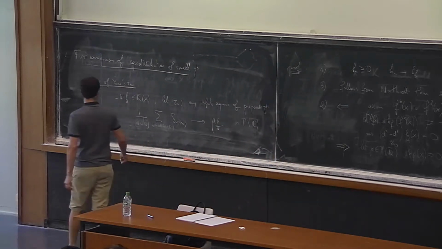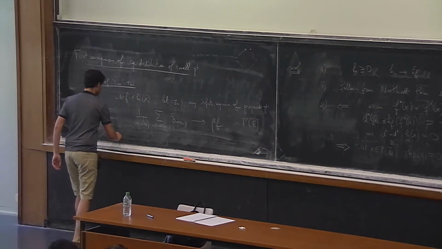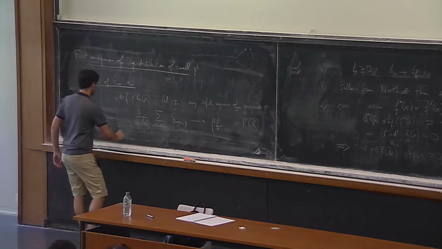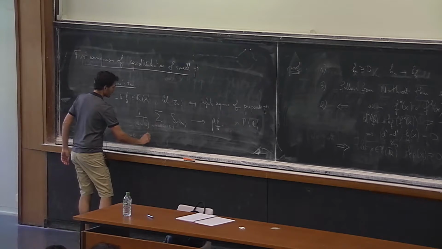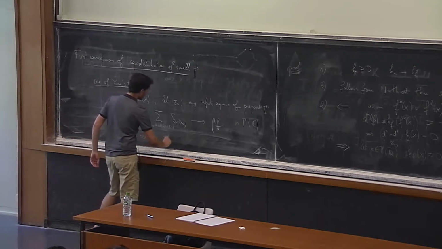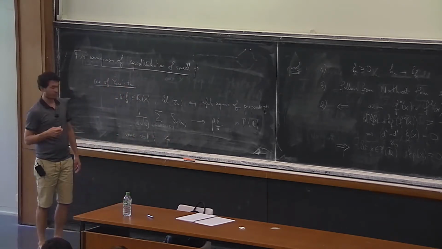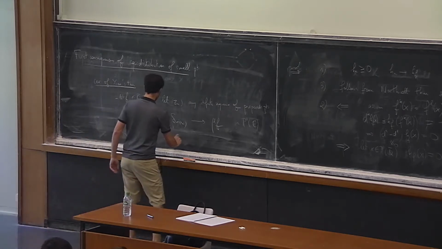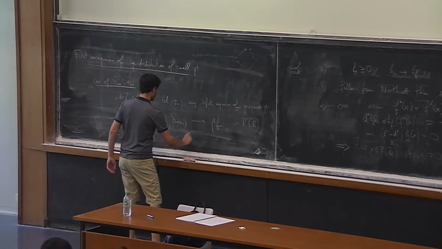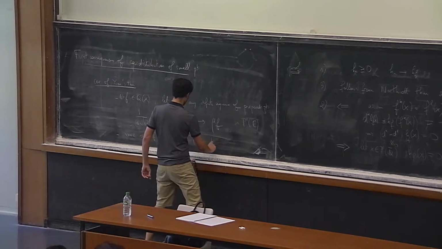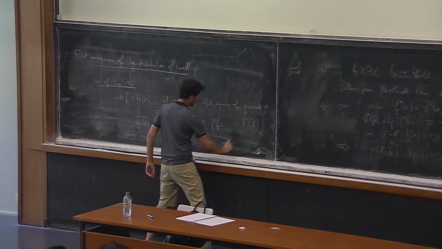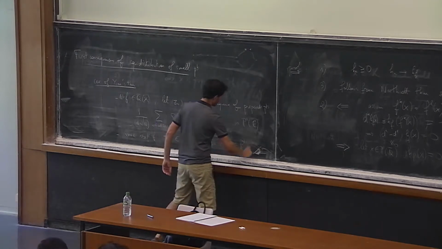Actually, let me say same property, so same result. If now Zn is a sequence of preimages, is a preimage of Z for some fixed Z in Q bar.